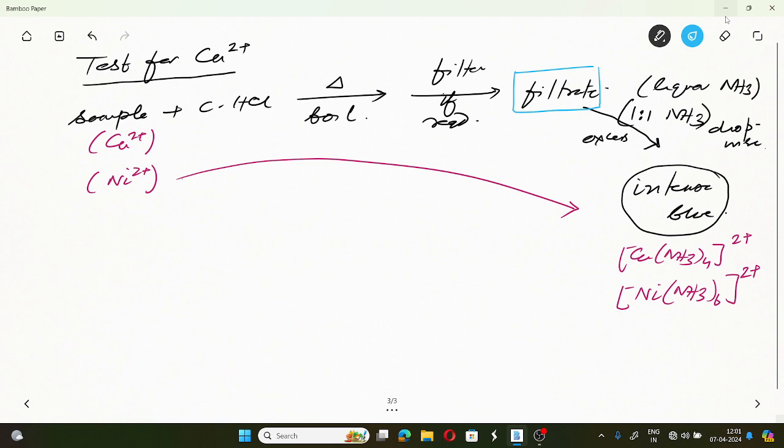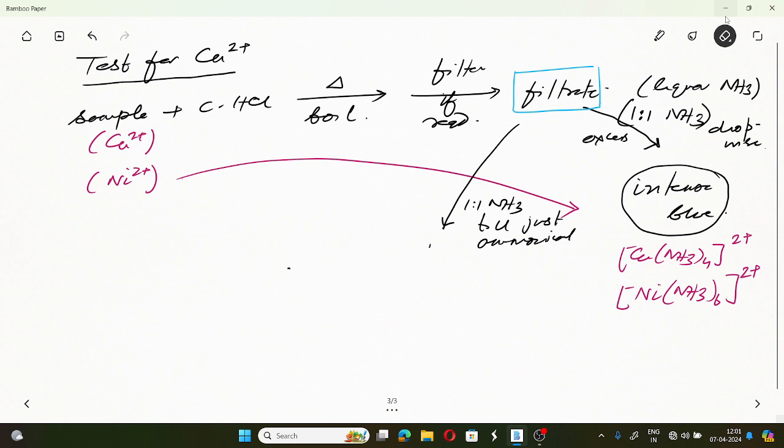You make this filtrate just ammoniacal with 1 is to 1 ammonia, and then you add acetic acid, followed by addition of K4[Fe(CN)6]. So you will get a chocolate brown precipitate.